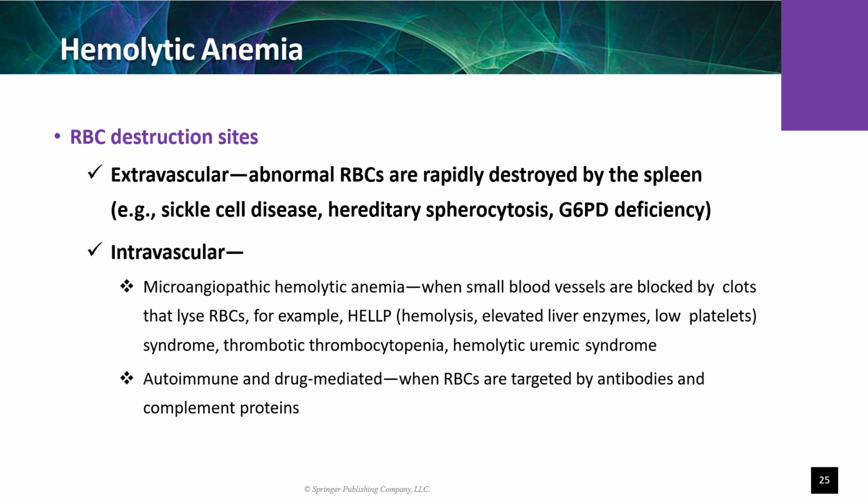Hemolysis resulting from intrinsic RBC defects is often genetic and occurs in patients with hemoglobin abnormality. Intravascular hemolysis occurs within the blood vessels, and extravascular hemolysis occurs within the spleen system.